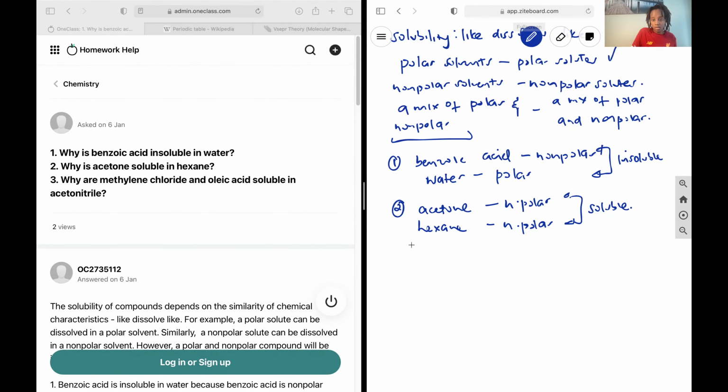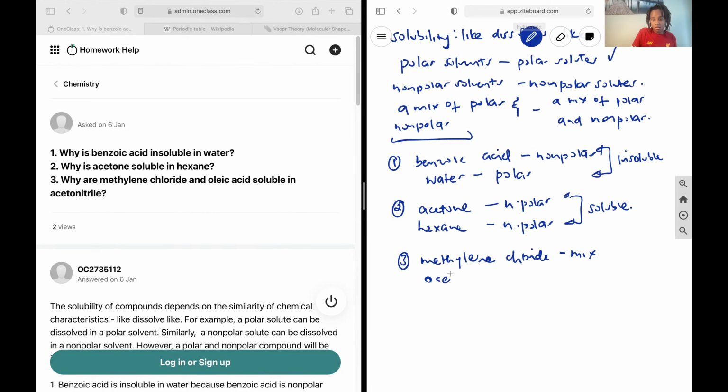And lastly, we have methylene chloride. And this is going to be a mix, because you're going to have the hydrocarbon section that is not polar, and then you're going to have the chlorine attached to it, and that is going to be polar due to chlorine's high electronegativity.